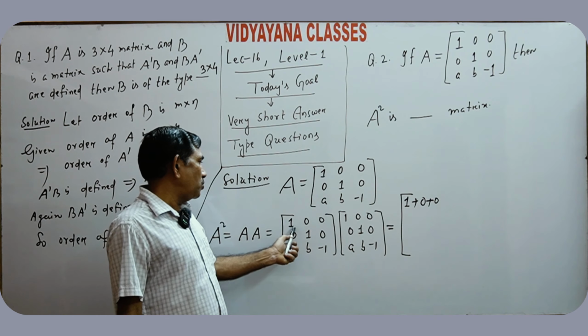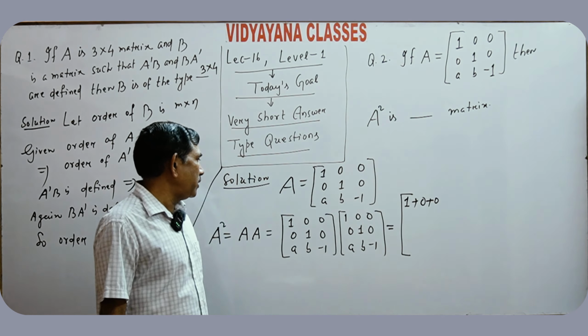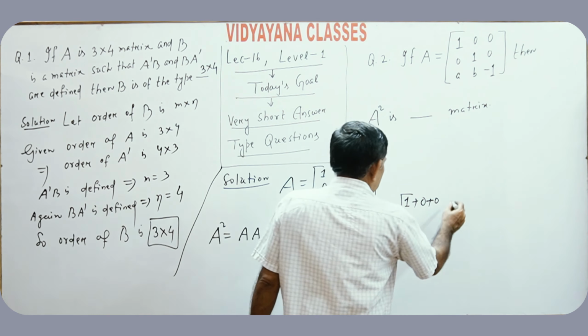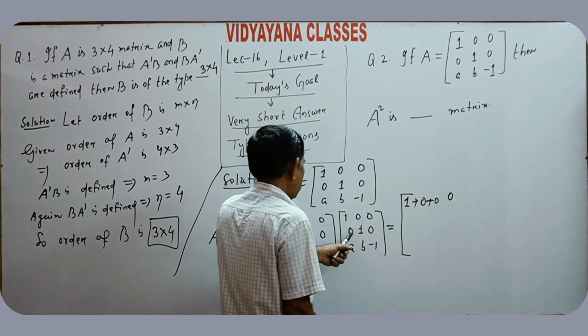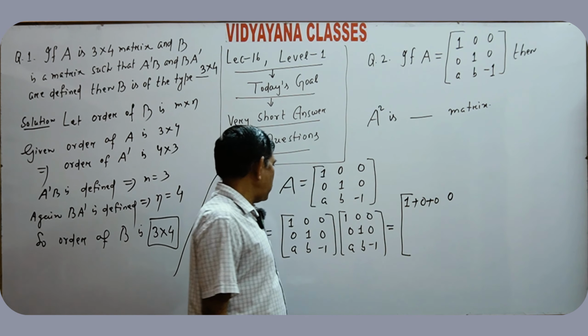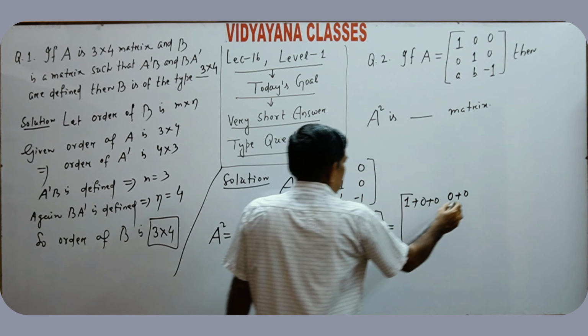Next, go through row 1, come down in column 2, multiply the corresponding elements and add them. 1 into 0, that is 0, 0 into 1, that is 0, 0 into B, that is 0.